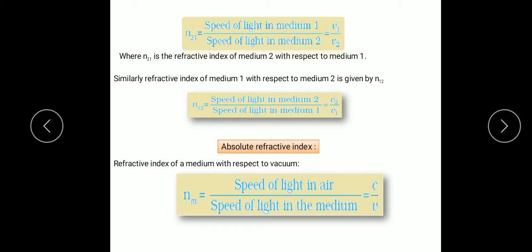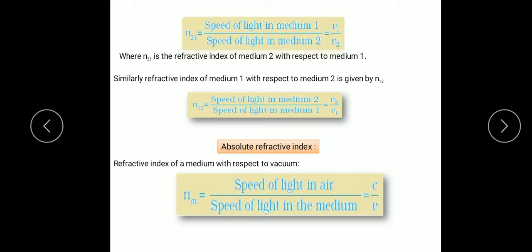The refractive index of the second medium with respect to the first medium, n21, is equal to the speed of light in medium 1 divided by the speed of light in medium 2, that is equal to v1 divided by v2. Similarly, the refractive index of medium 1 with respect to medium 2 is given by n12, that is the speed of light in medium 2 divided by the speed of light in medium 1, that is equal to v2 divided by v1.